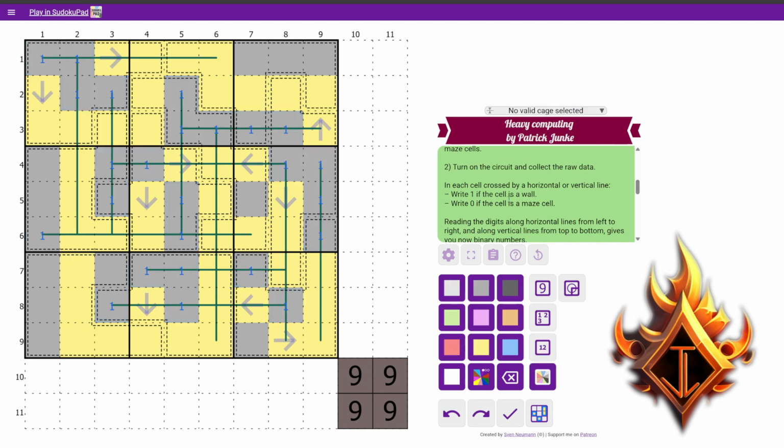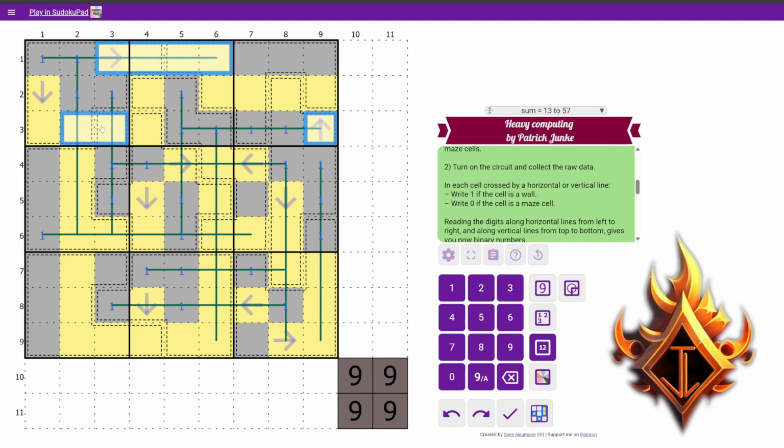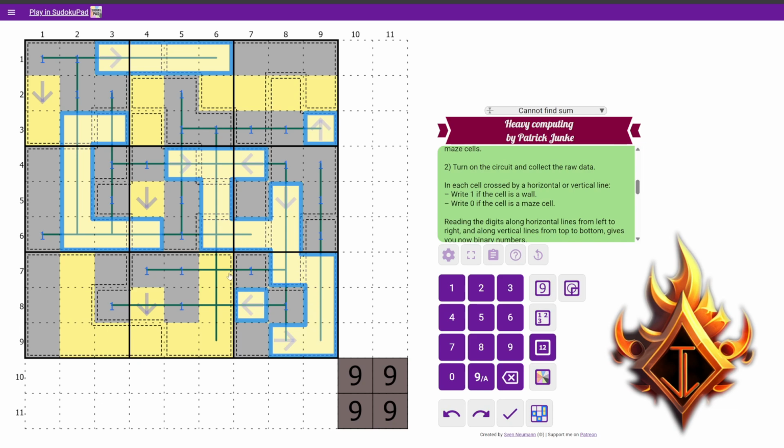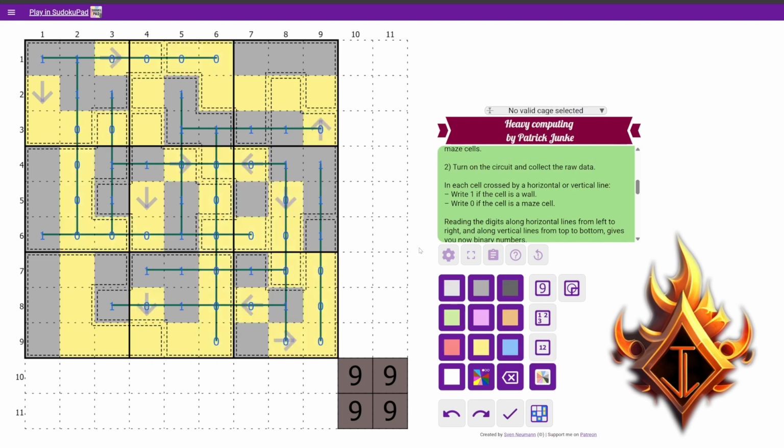And then for all of our maze cells that are crossed by a line, I think that is all of those. We write a 0. Okay.